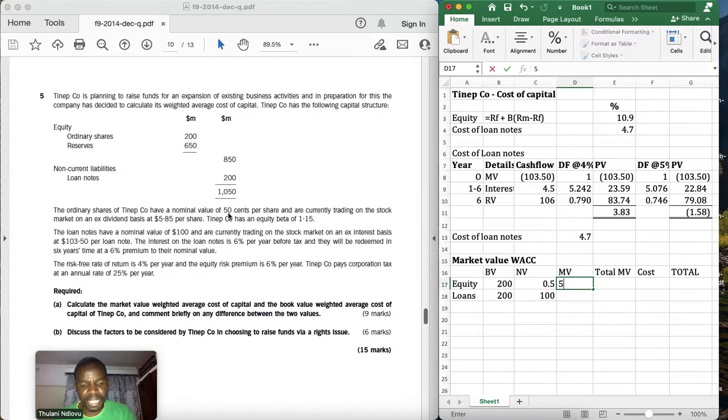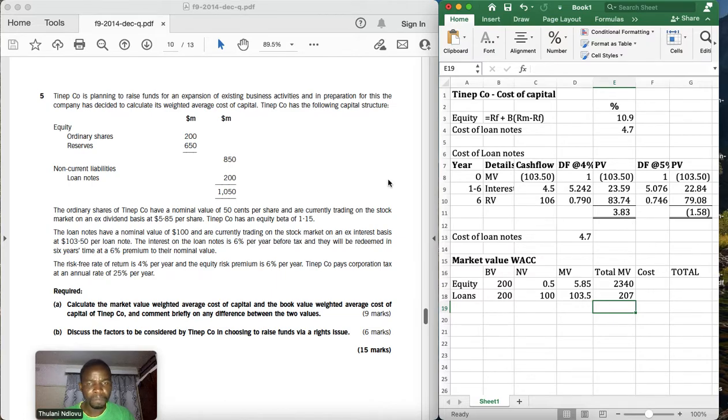The market value is 5.85 for our equity, the market value for our loan is 103.5. Then the total market value, we will say book value divided by nominal value multiplied by the market value. We get that figure. Then we do the same for the loan notes.